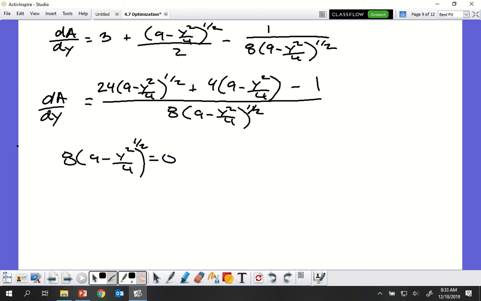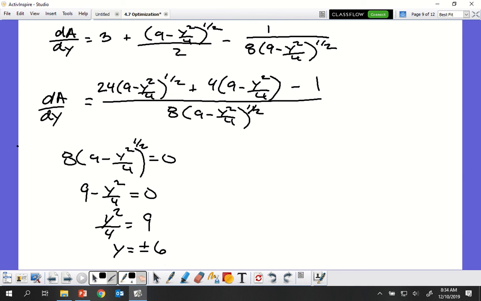Okay, so divide by 8 and then square it. So it's 9 minus y squared over 4 equals 0. Move that over there, so y squared over 4 equals positive 9. Multiply by 4, it's 36, so y equals plus or minus 6.